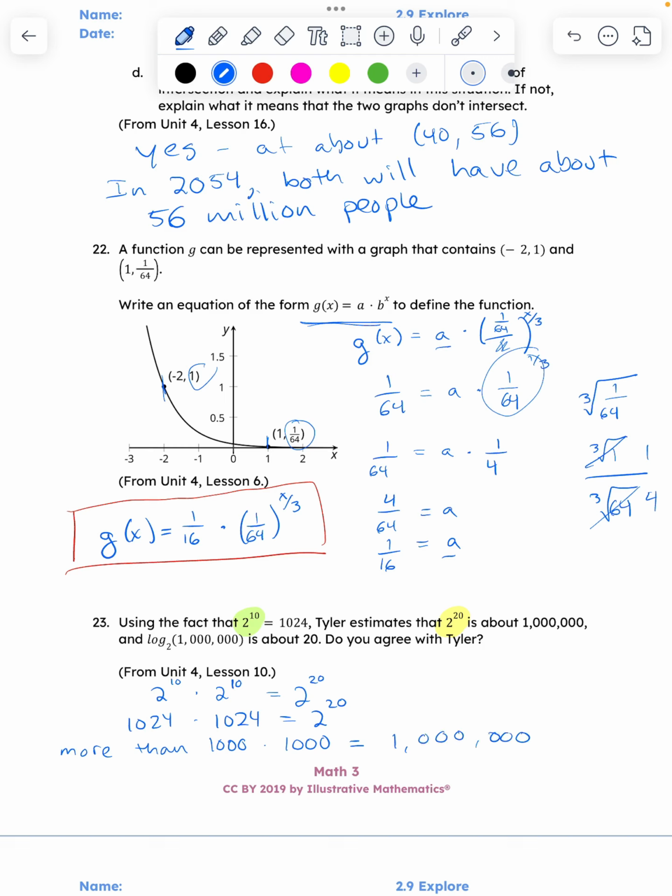Right? So 2 to the 20, aka, oh yeah, 2 to the 20 is a bit more than a cool million.